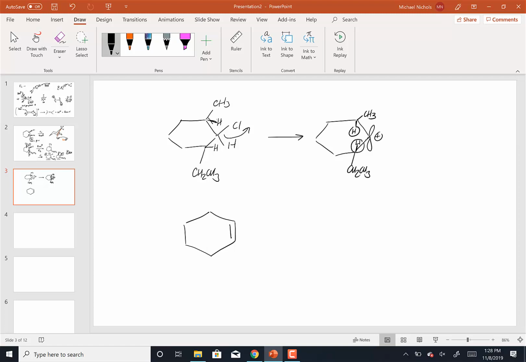In other words, all 4 of those bonds have to be in the plane. So a bold and dashed wedge here mean nothing. Sometimes people want to put bold and dashed wedges there to indicate somehow it's cis or trans. No. When you're looking down a carbon-carbon bond, all 4 groups are going to be in the same plane.